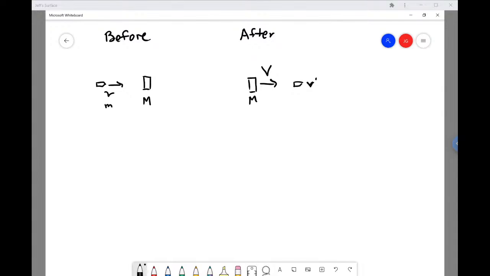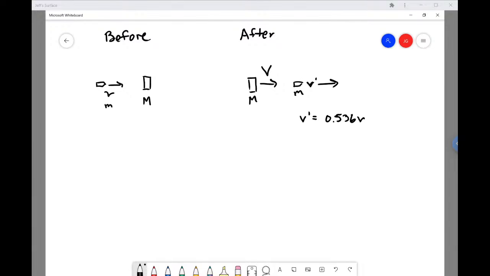And the information that we're given is that this post-collision speed for the bullet, v prime, is a fraction of what it started with. For my case, it's 53.6%, or 0.536, the initial speed. All right, that's one thing we know.